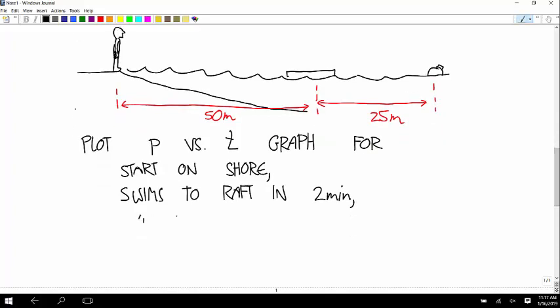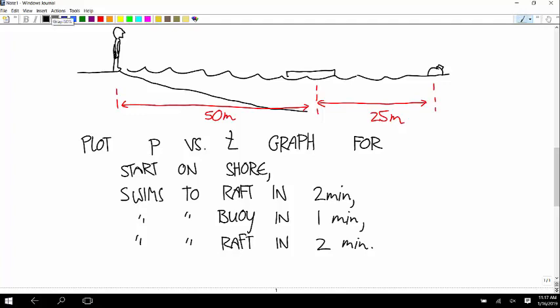Then he swims to the buoy in 1 minute after that, and then swims back to the raft in 2 more minutes. So he's getting a little tired. And we want to plot the position versus time graph.